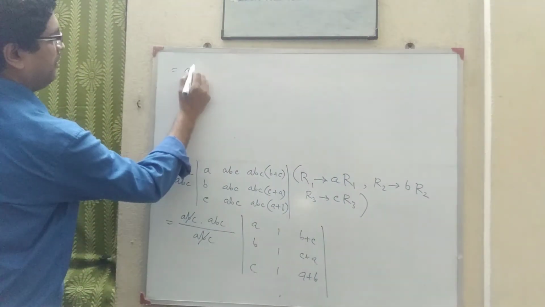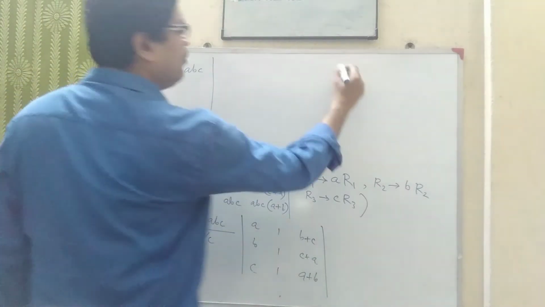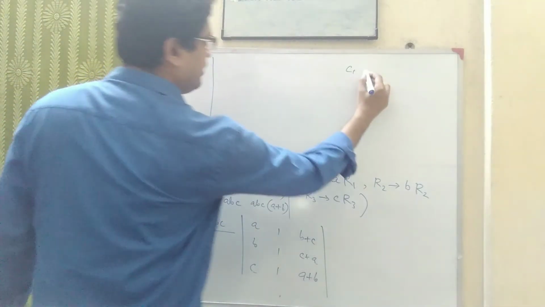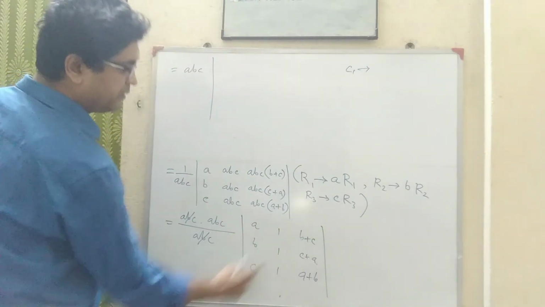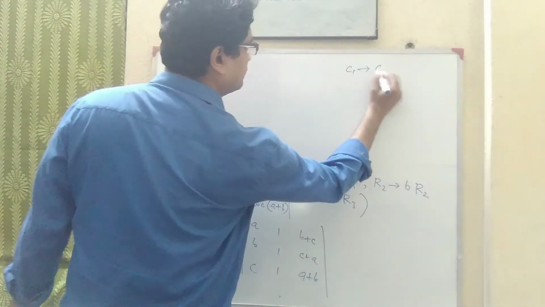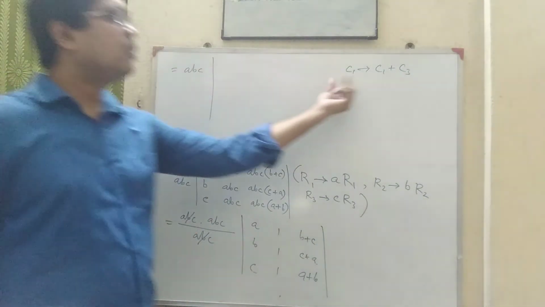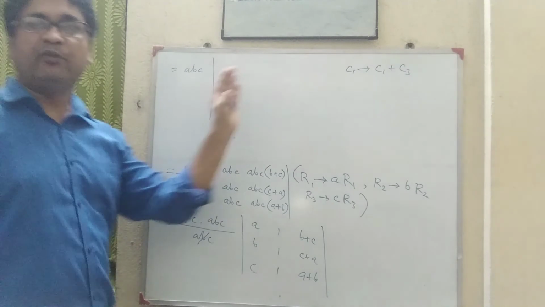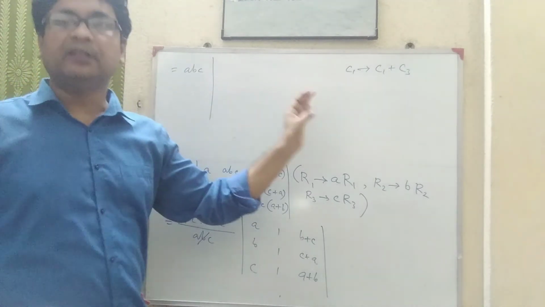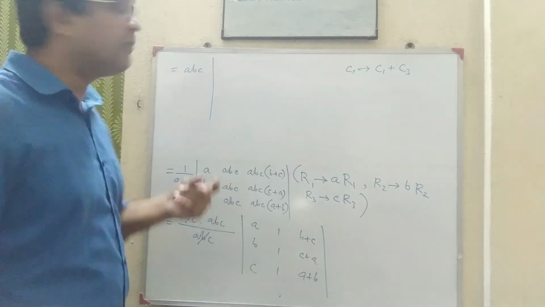So here we are applying the operation C1 changes to C1 plus C3. When we give a column operation, write the elements column-wise, and when you give a row operation, write the elements row-wise. Otherwise, confusion will arise.